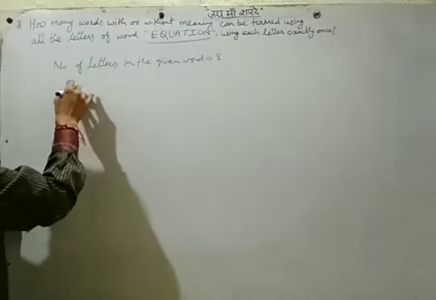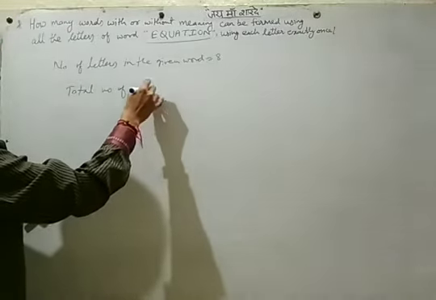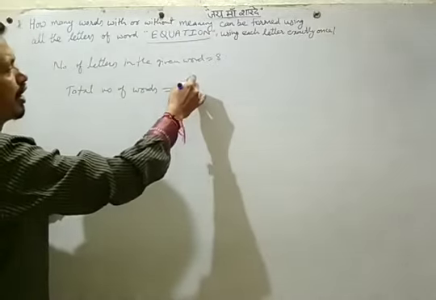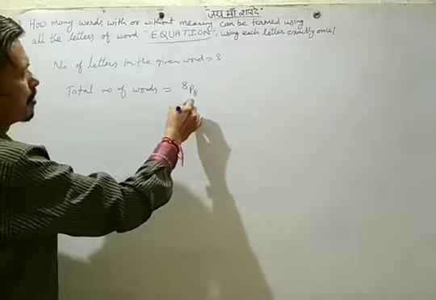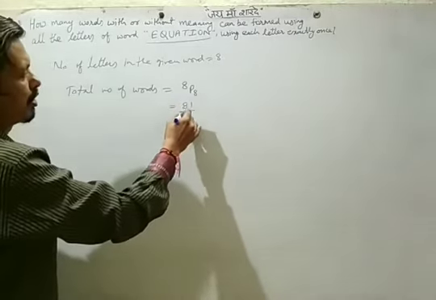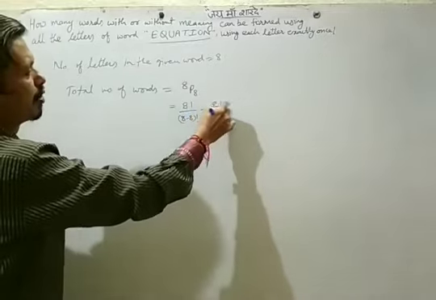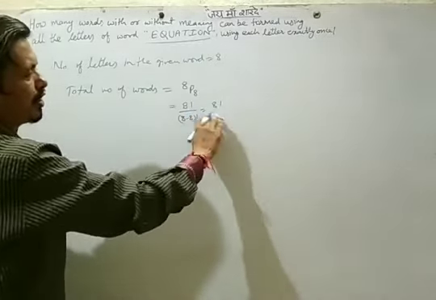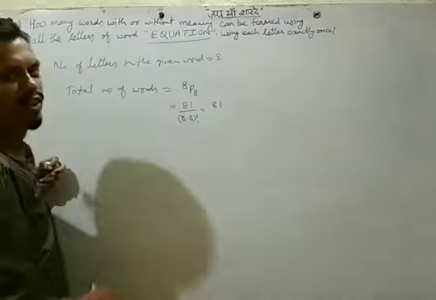So the total number of words will be 8P8, which is 8 factorial upon (8 minus 8) factorial. So it is 8 factorial upon 0 factorial, and 0 factorial is 1. So 8 factorial. This many words we can form.